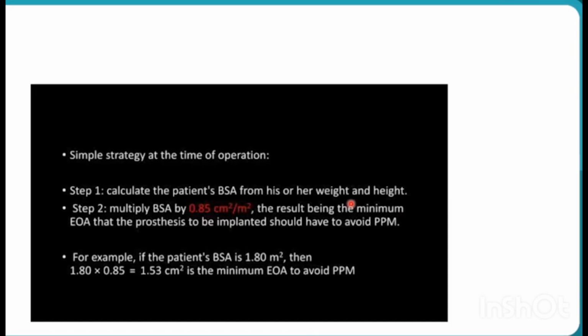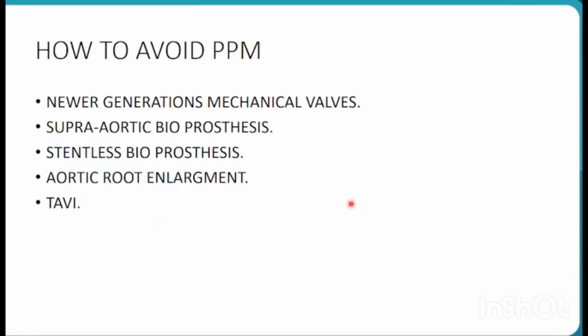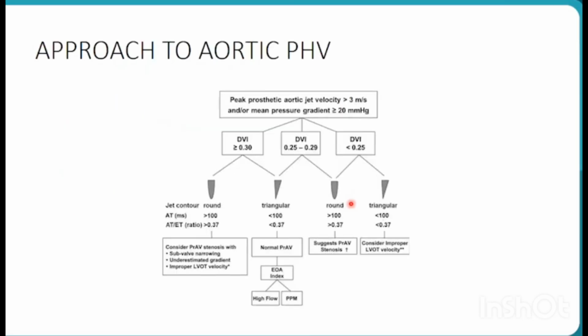If the valve size is less than this, it is purely clear that the patient will be subjected to PPM. There are other methods: using newer generation mechanical valves, supra-aortic bioprosthetic implantation, stentless bioprosthesis, or, rarely used, aortic root enlargement, and TAVI over mechanical valve replacement.